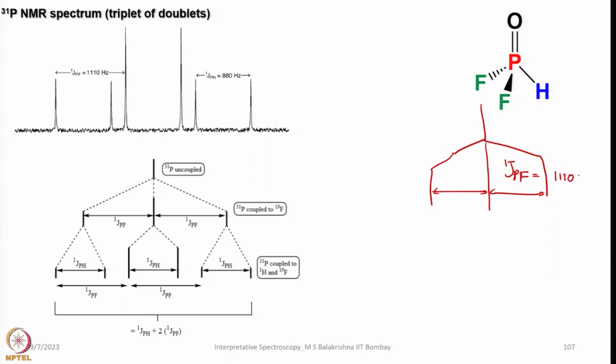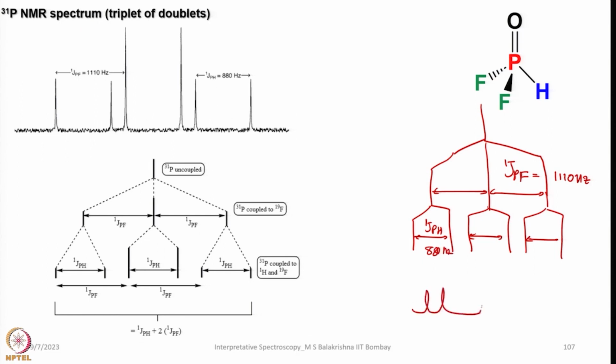1110 hertz, and now each line will be split into a doublet here. So, now all these spacings are identical. This is 1J PH, this is 80 hertz, but the spectrum should have looked like this.